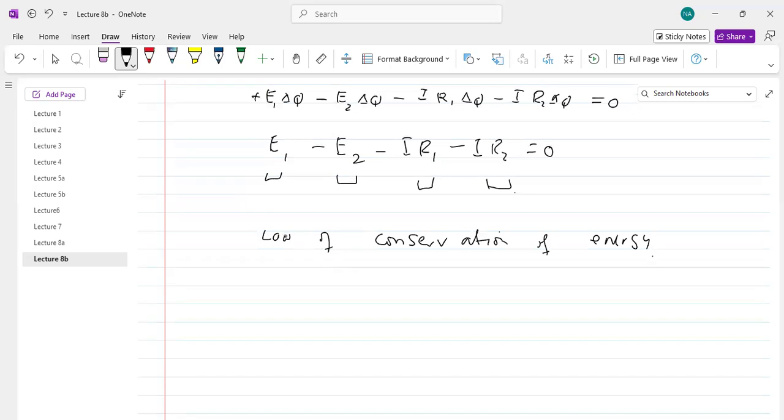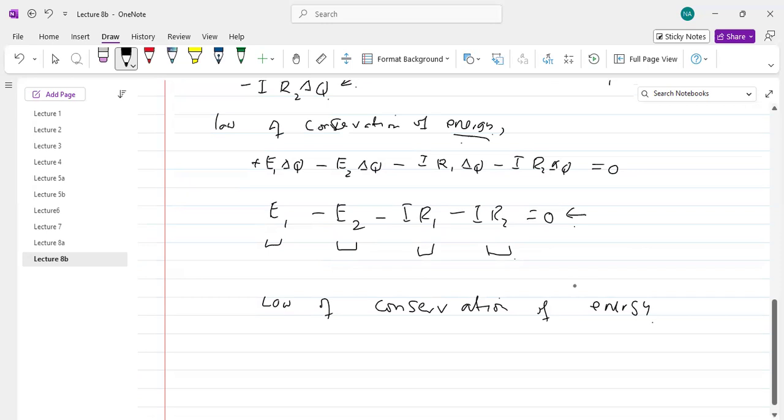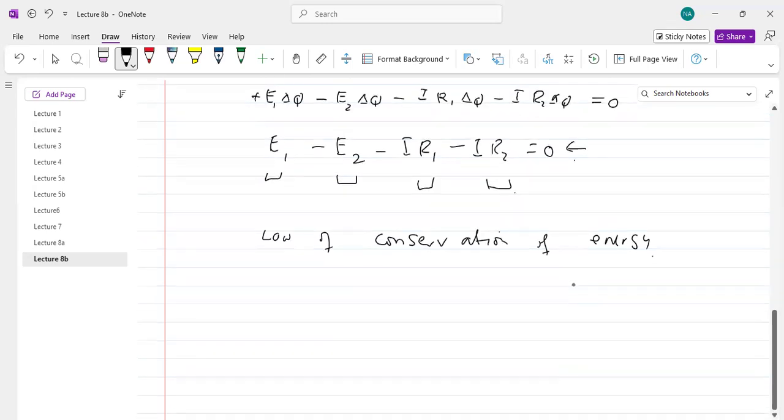Because in this case, as we have already seen, the potential changes are actually due to the flow of current, and they are taken as changes in energy. When we apply the law of conservation of energy, we arrive at the conclusion that the sum of potential changes or potential differences traversed in a closed circuit is equal to 0.